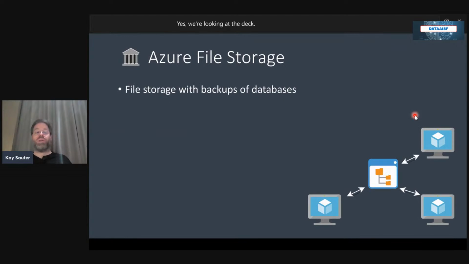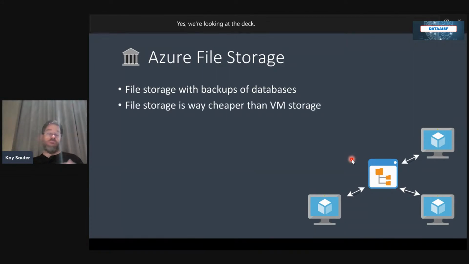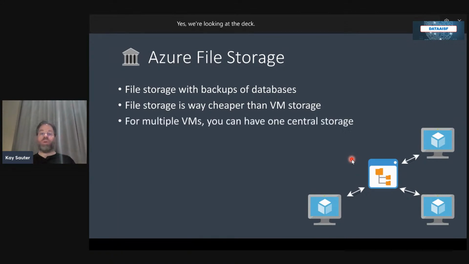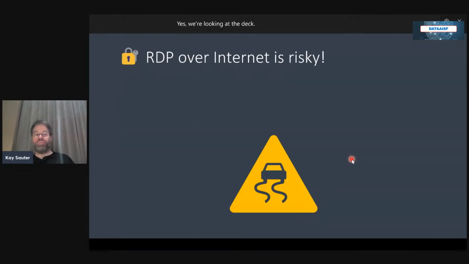What you can also do with this Azure file storage is connect multiple VMs to it, so that if you have several VMs, all of them can access the same kind of file storage repository. The file storage, like I said, is way cheaper than the VM storage, and you can also map it as a network drive.